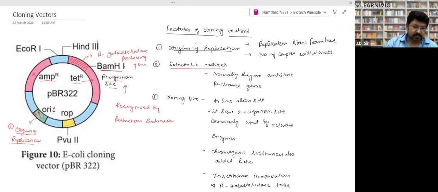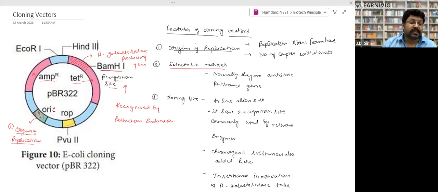Third, BamHI. BamHI, this is the site. What do we call that? BamHI is an insertion site where the new part of the DNA will be inserted.